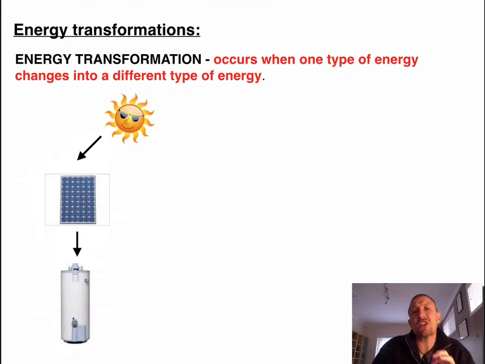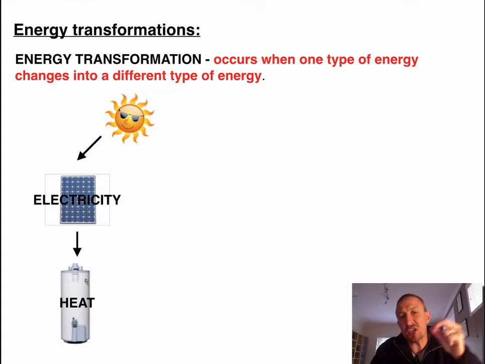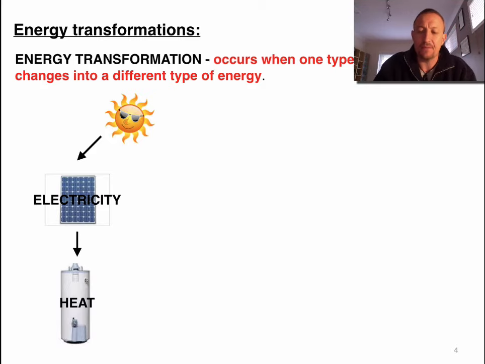But if we just state that the sun uses nuclear energy, that nuclear energy is then converted into electrical energy by that solar panel. That solar panel's electrical energy is then converted into heat in the water heater. So of course our water heats up. So that's just one example of an energy transformation. Why is it transformation? Because the energy has changed from nuclear to electricity to heat.